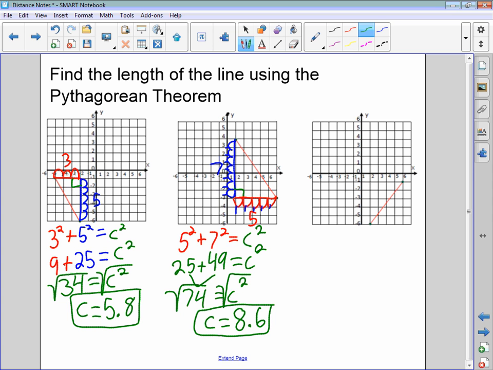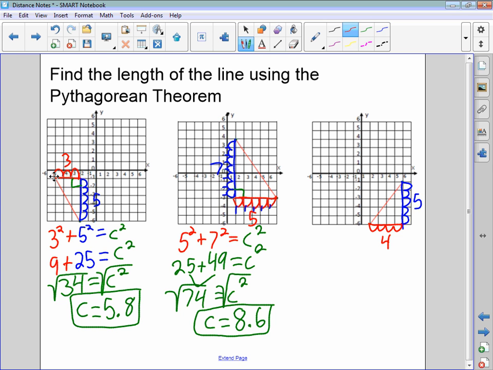Our last example here, again, draw my horizontal, draw my vertical, count the bumps. 1, 2, 3, 4. 1, 2, 3, 4, 5.